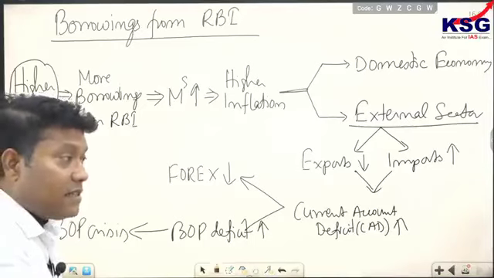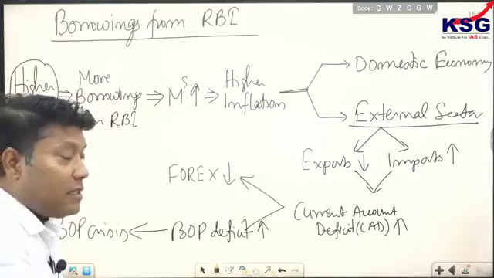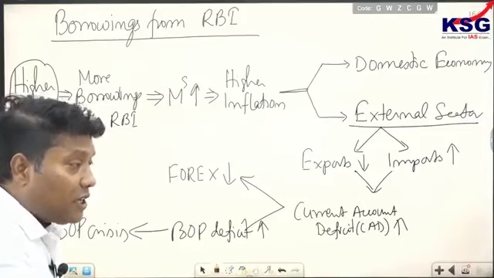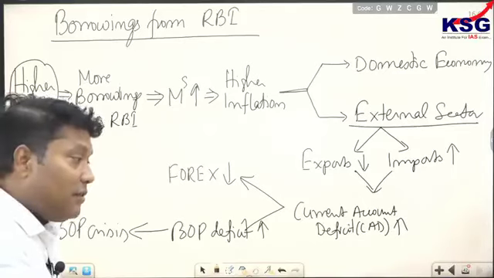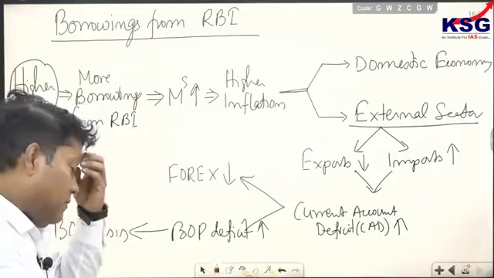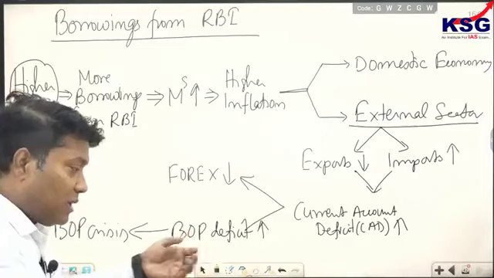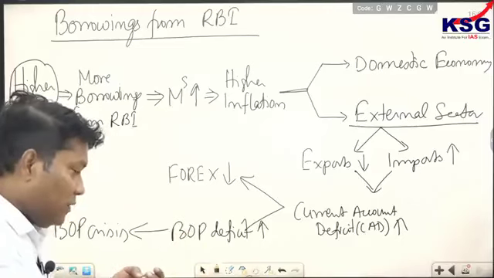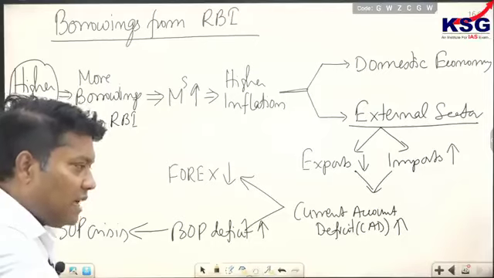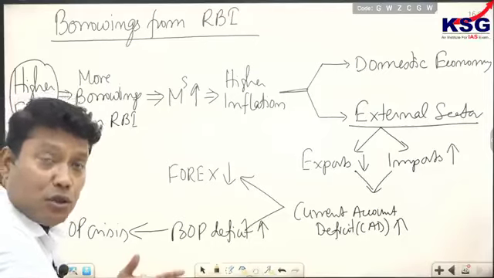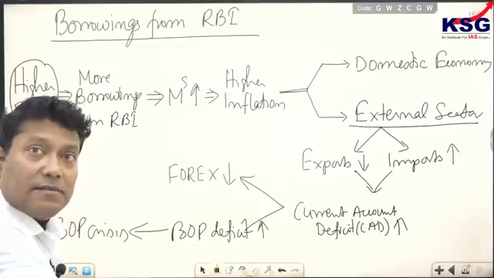Like some states started giving free electricity, free communications, free bus travel, free water connections. They're not charging anything. And there are loan waivers to many sections of society, which again creates problems in the banking system.